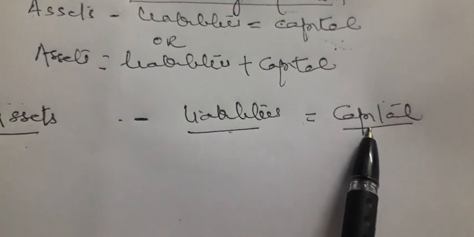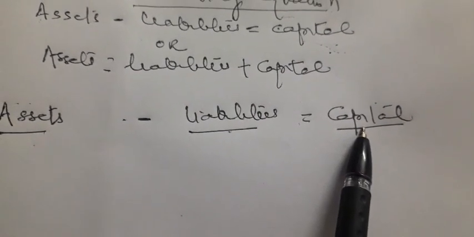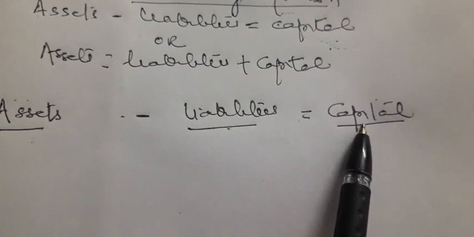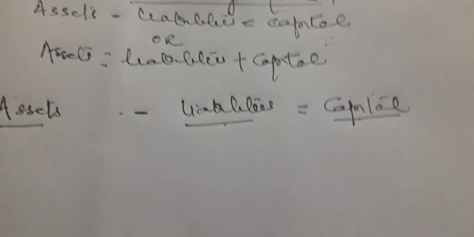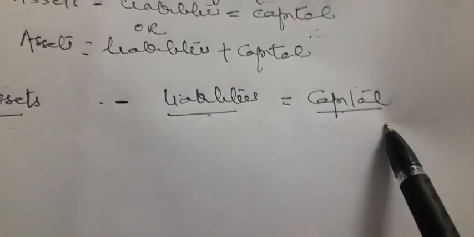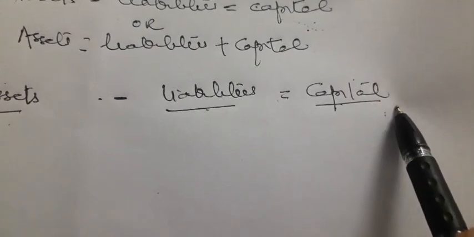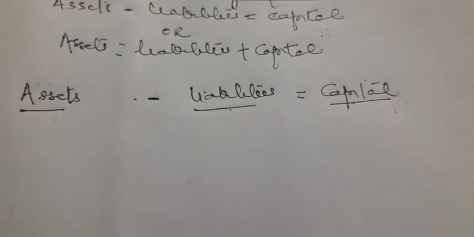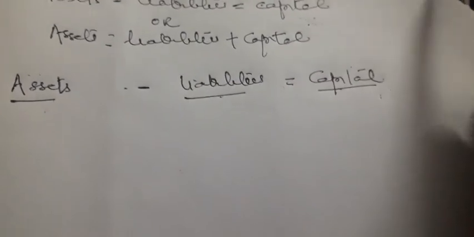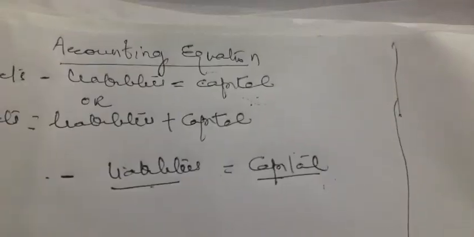And capital is the cash or goods or any other thing invested in the business by the owner. It is also a liability for the business, but it is known as owner's equity or capital. Now, how does this equation work? We will take an example and a few transactions, and we will try to solve the equation.